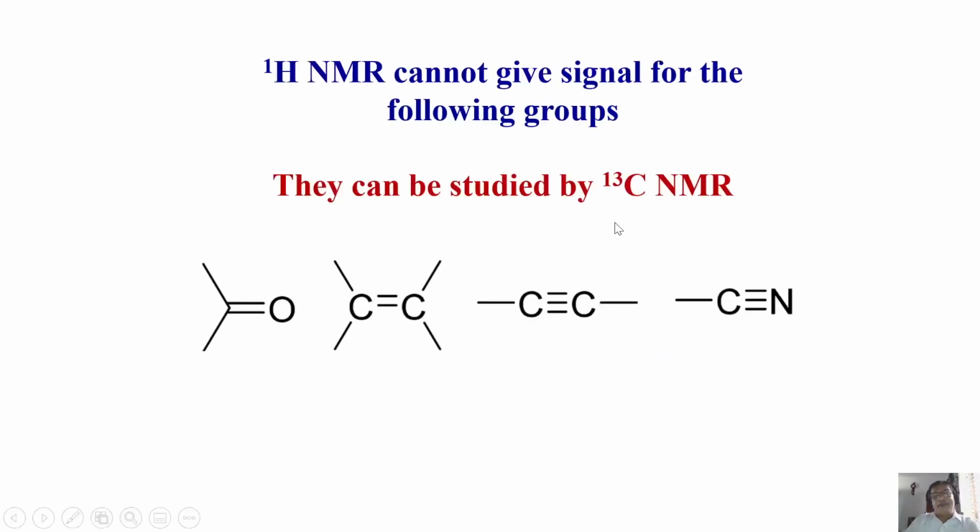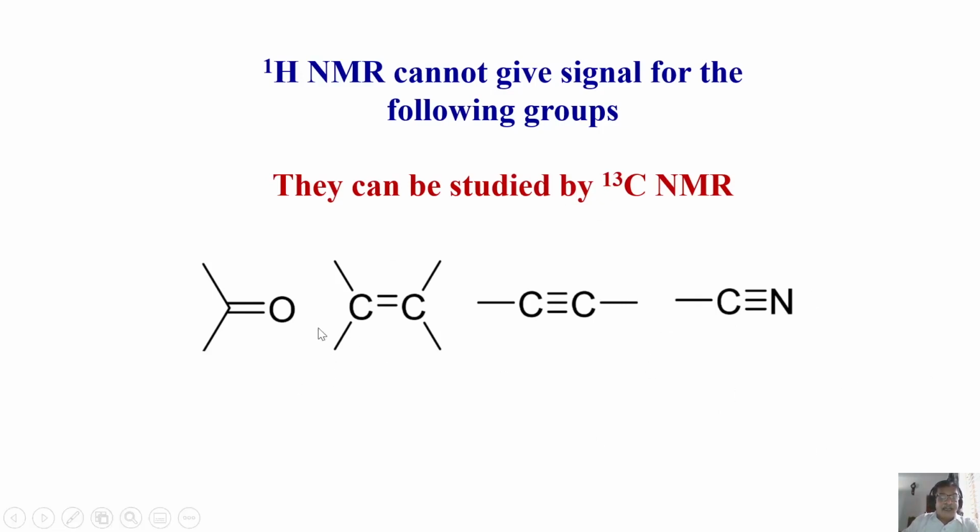When do you make use of carbon 13 NMR? Look at proton NMR. If I have a C=O group, C=C, C≡N, or CN group like that, and I want to get information about such groups present in a molecule, proton NMR cannot give you that. Where is the chance for proton NMR to give that information? There are no protons here.